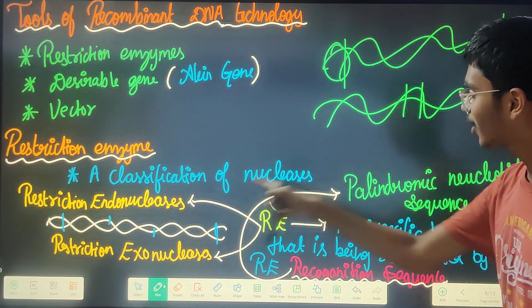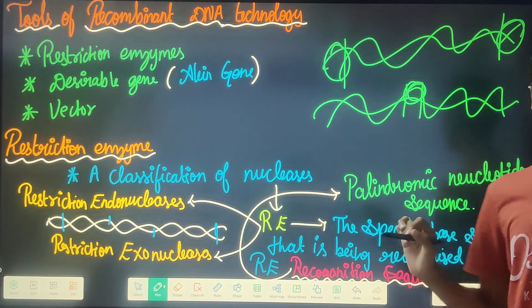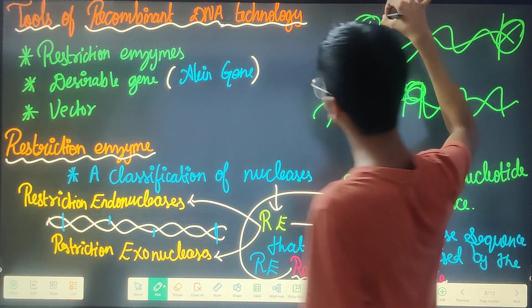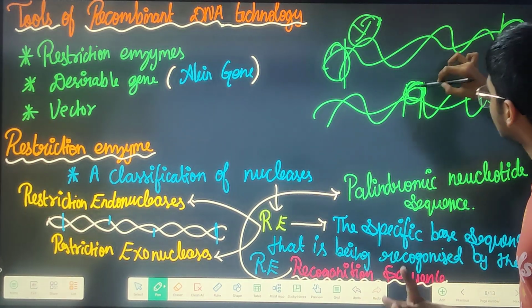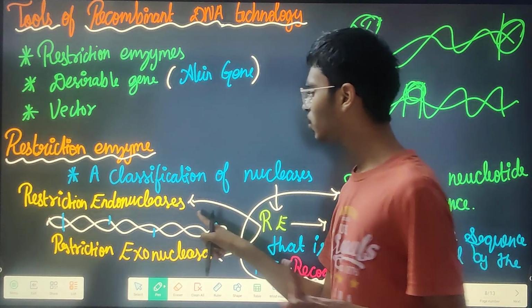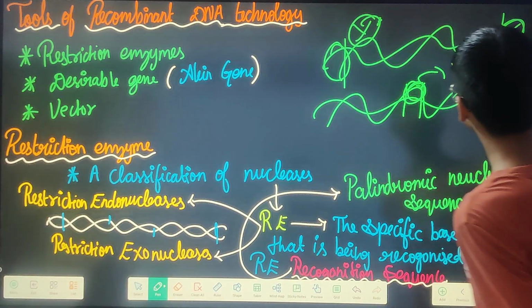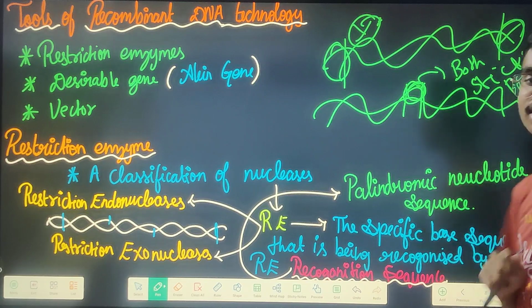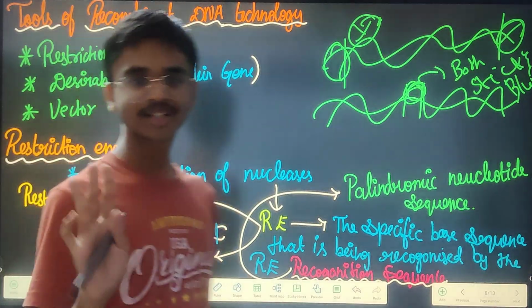But in the endonuclease case, you will have only one segment. So we cannot say that it will produce a blunt end or sticky ends. But this restriction endonuclease can produce both sticky ends and blunt ends. There is no doubt in that.